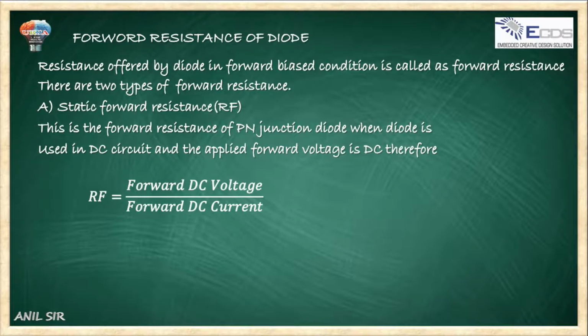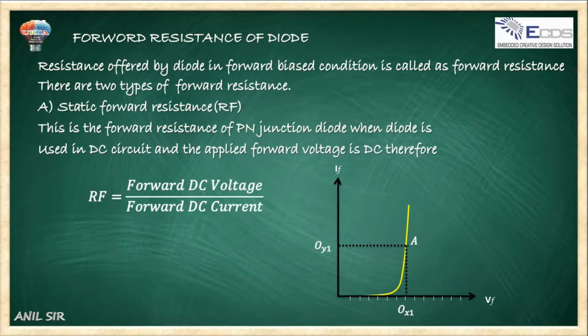But at which point? Let's consider the forward characteristics of a silicon diode PN junction. Consider any point A on these characteristics. Then mark it on the y-axis, then mark it on the x-axis.